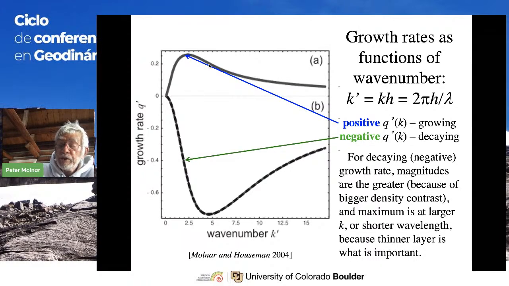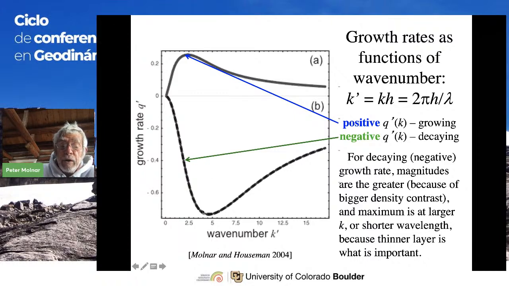Well, it's because the lithospheric thickness includes crust, so it's not 2.1, it's 2.6, but it's very similar. The decaying growth rate is much larger. It's negative because it's a decaying instability, but it's much larger because the density contrast at the Moho is much larger, at the crust-mantle boundary.